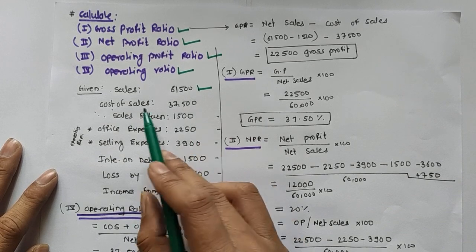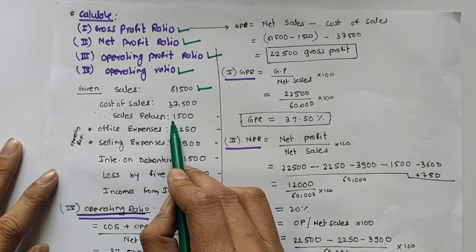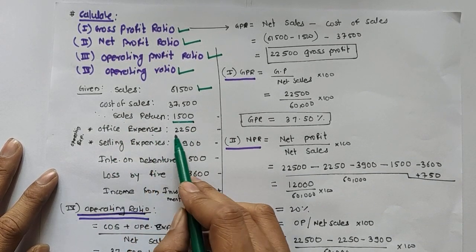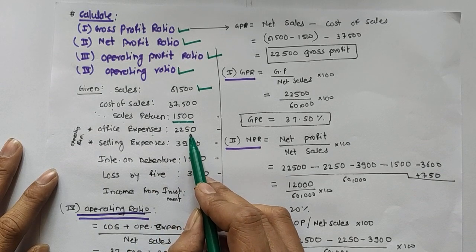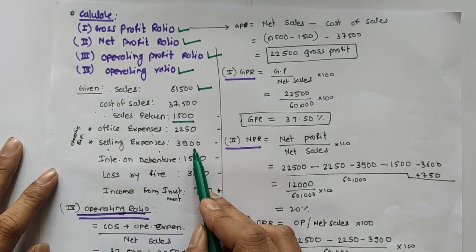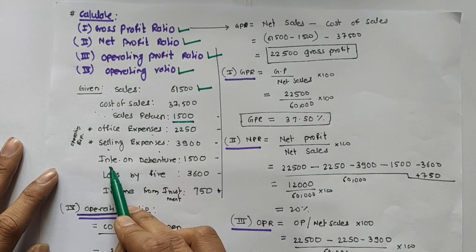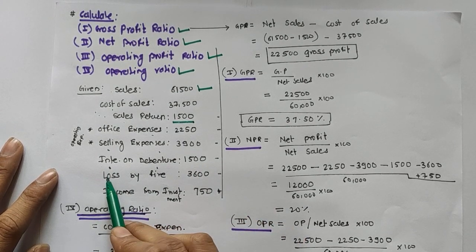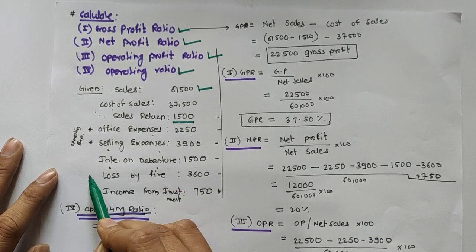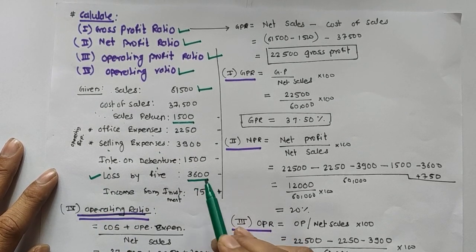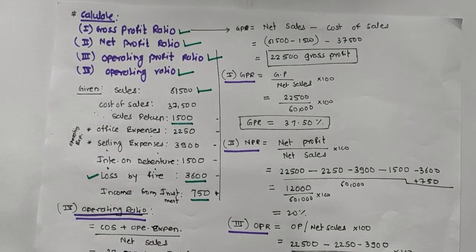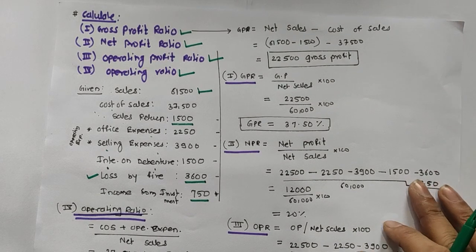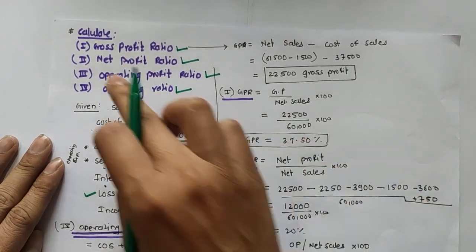Sales return is 1500. Office expenses are 2250. Selling expenses are 3900. Interest on debt is 1500. Loss by fire or accidental loss is 3600, and income received from investment is 750.